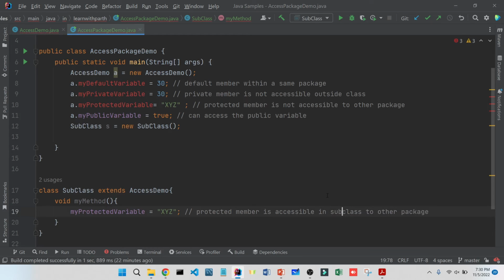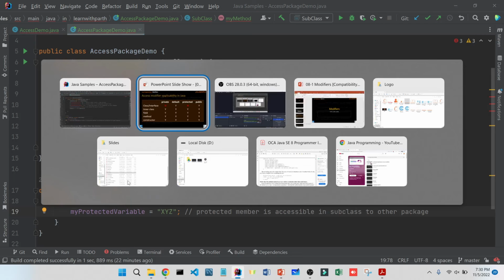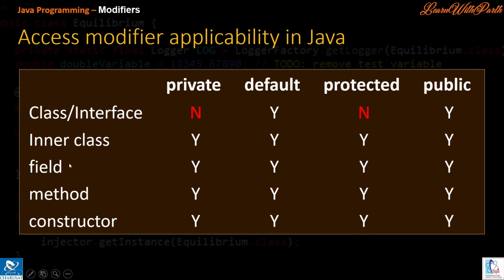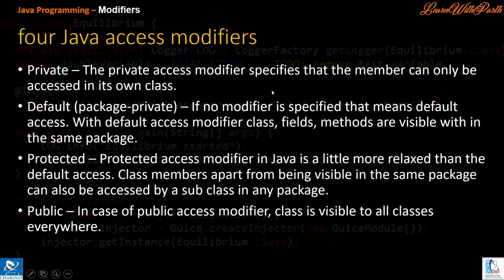Let's quickly summarize all these things. Fields, methods, and constructors can all have private, default, protected, as well as public access specifiers. The private access modifier specifies that the member can only be accessed in its own class.